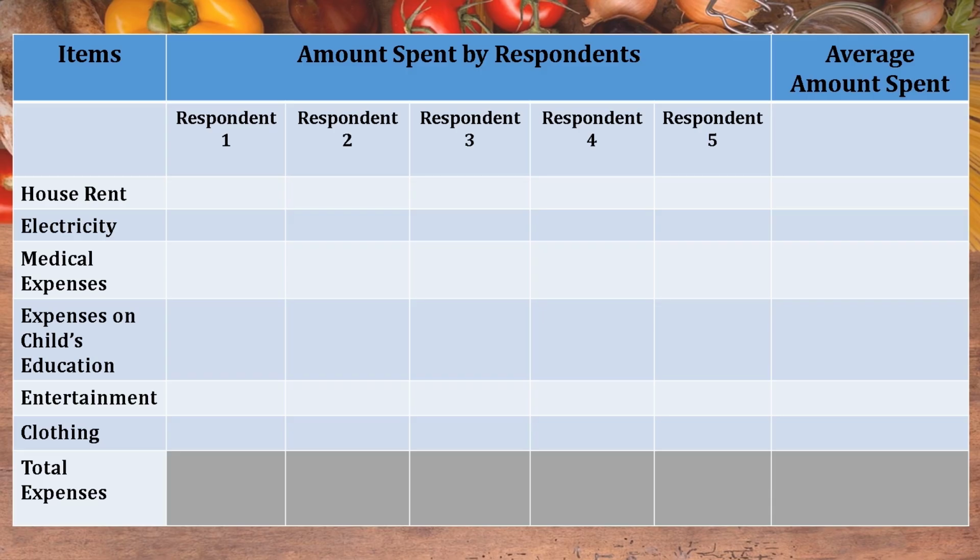After calculating the total amount in the last row, take out the average for all the 5 respondents in the last column, which is here. Calculate the percentage of income spent on different expenditure heads and record the differences you observe on the percentage of income spent on food by the 3 income groups.